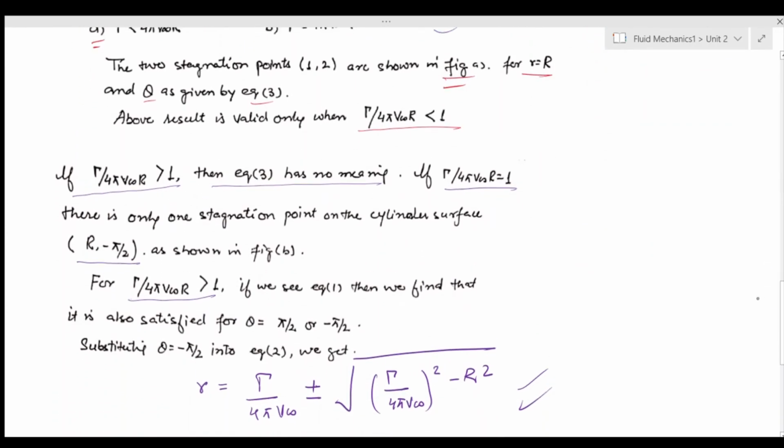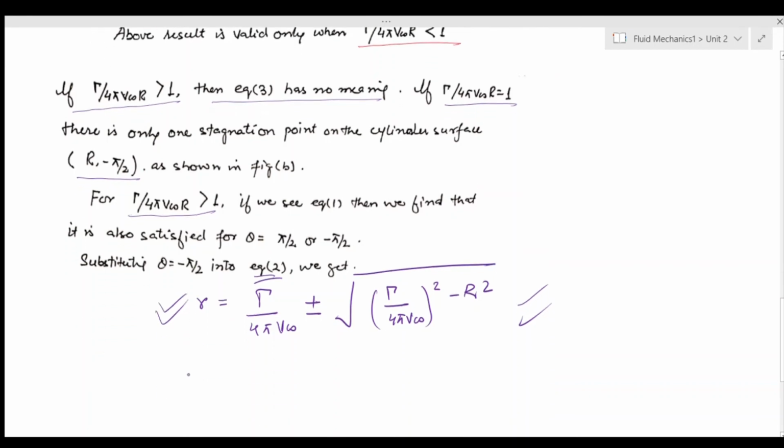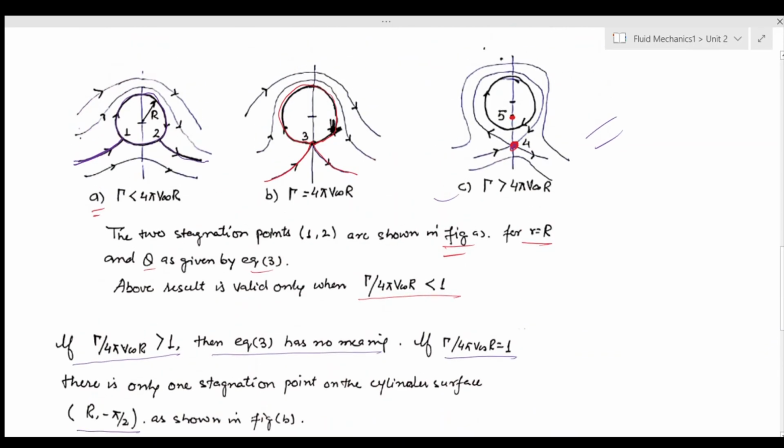Since I know that my stagnation points are going to be in the third and fourth quadrant only, I took the value of theta equals minus pi by 2, substituted it back in the equation of V theta, which is my equation 2, and got the value of r. Now this r is giving me two stagnation points which are shown here, point 4 and point 5. Point 4 is outside and point 5 is inside the cylinder.